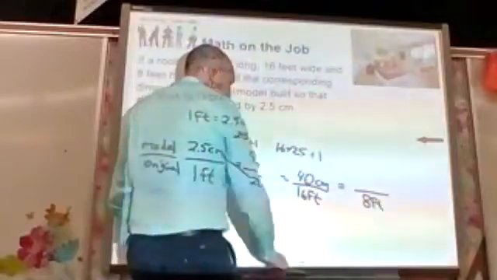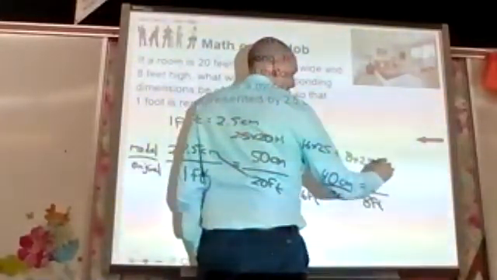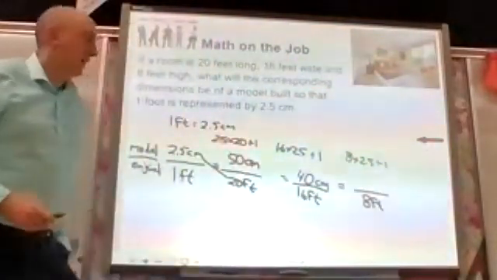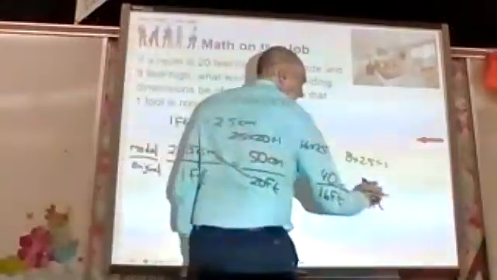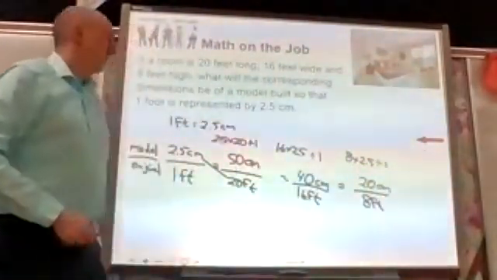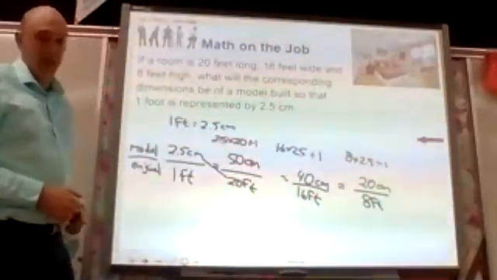And so this is going to be 8 times 2.5 divided by 1. 8 times 2.5 is 20 centimeters. If you're building this scale model, we're going to build it 50 centimeters by 40 centimeters by 20 centimeters.